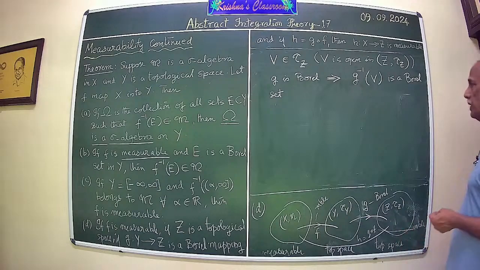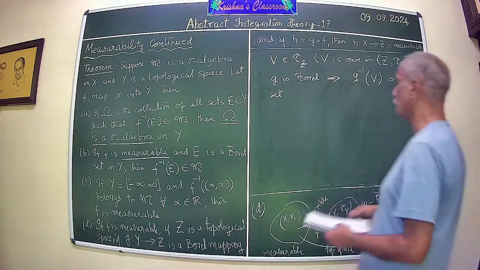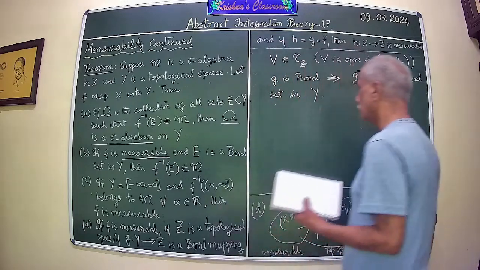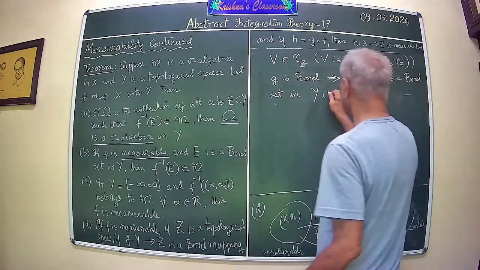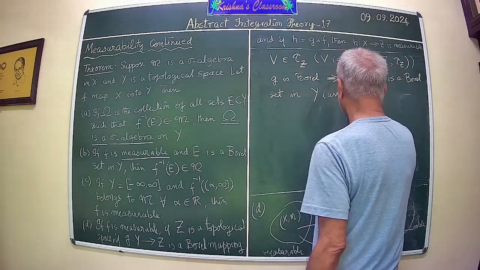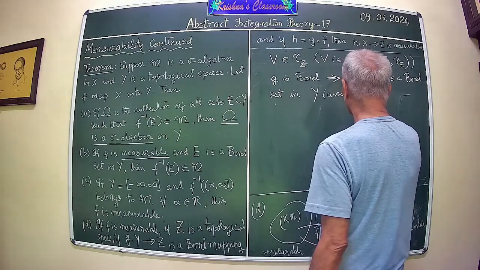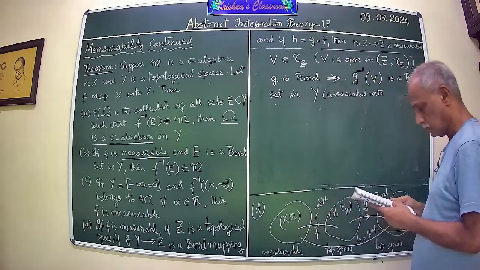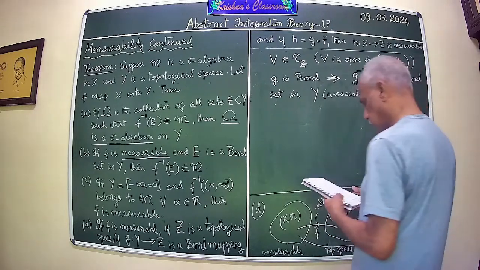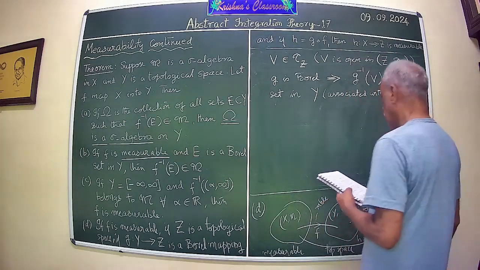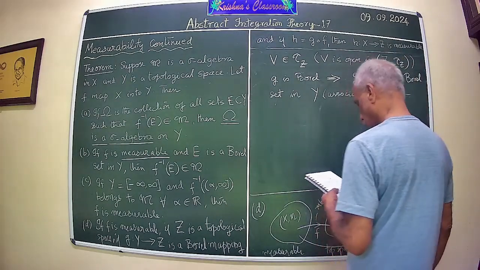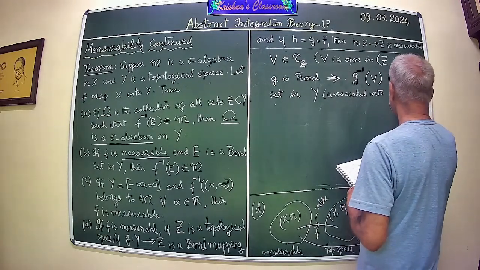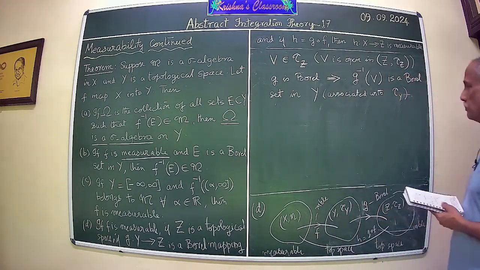G inverse V is a Borel set. Why? I mean, associated with tau 1.